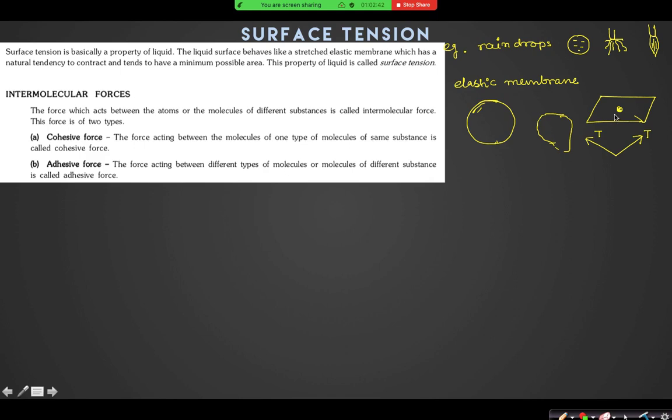Have you got it? I will again discuss a mathematical way to understand surface tension. Why does the surface tension force actually occur? For that, we have to understand what cohesive force is. The force which acts between atoms or molecules is known as intermolecular force.